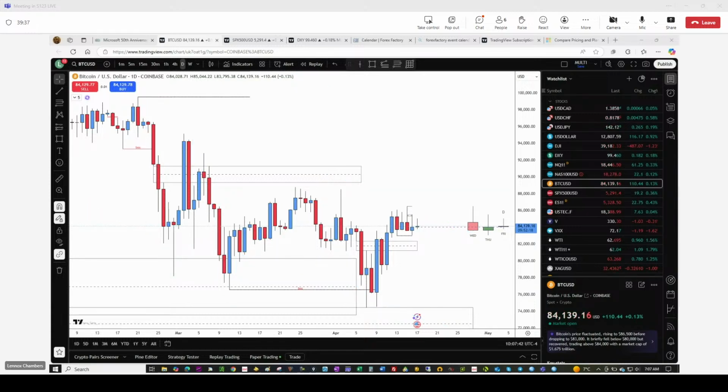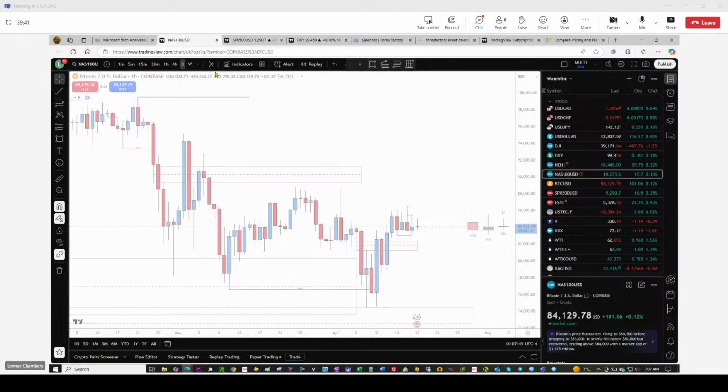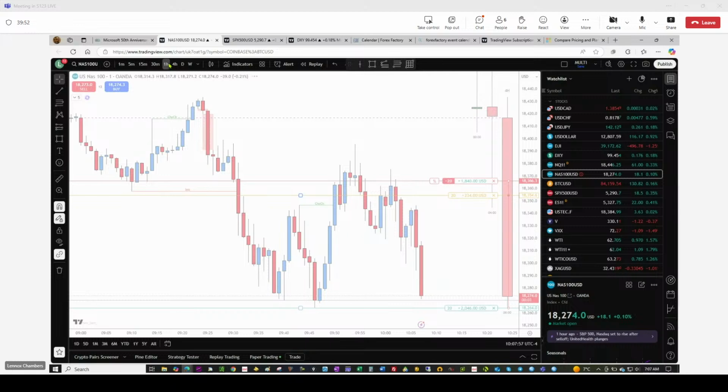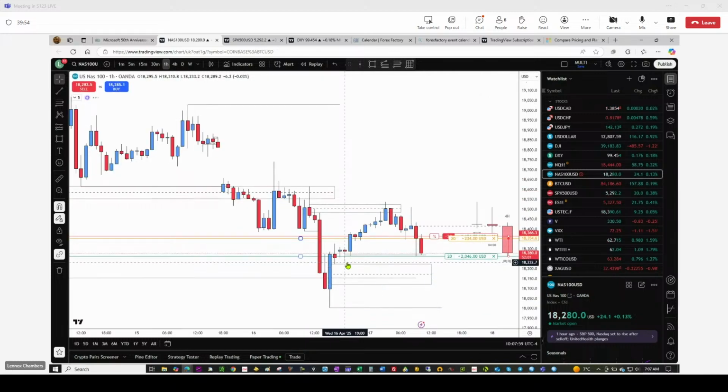So let me just go over to NAS real quick here on the 1 minute. So I'm seeing that I'm almost at my target already. So they're coming down quite quickly. So I can see that I can even go lower for my target because I have these lows down here.